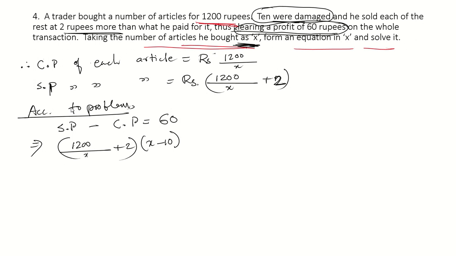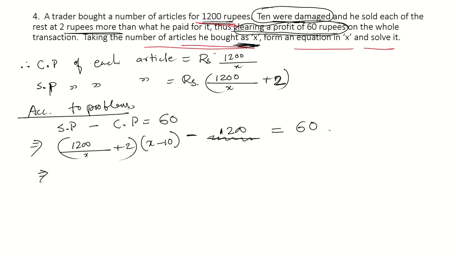So it's the selling price of each article times x minus 10. And what will be the cost price? The trader bought the articles for 1200 rupees, so it's just 1200. So you just write minus 1200 equals 60.